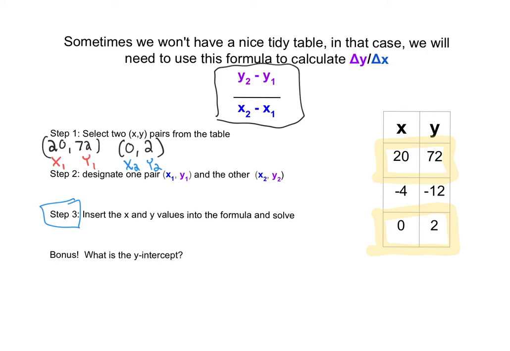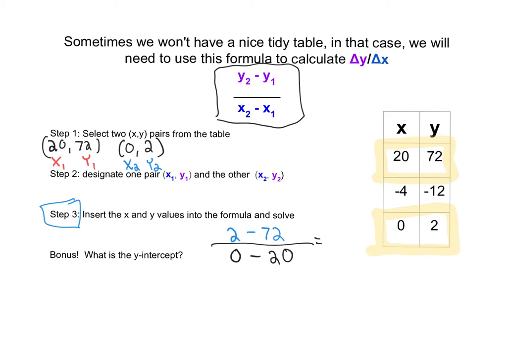So we'll take our y2, which is 2, minus our y1, which is 72, and then we'll take our x2, which is in this case 0, and our x1, so minus our x1, which is 20. This is going to be funny.